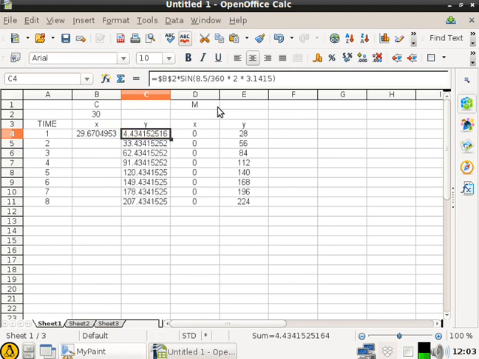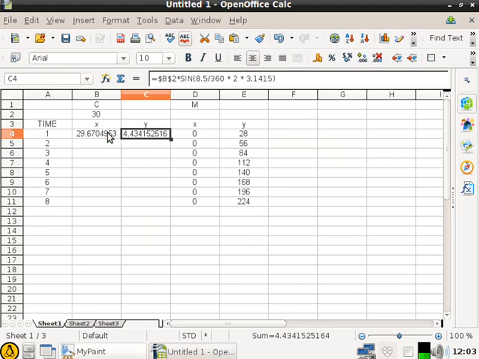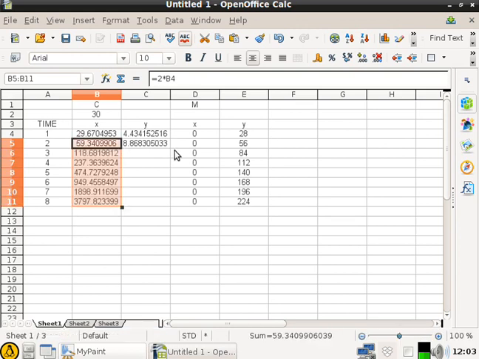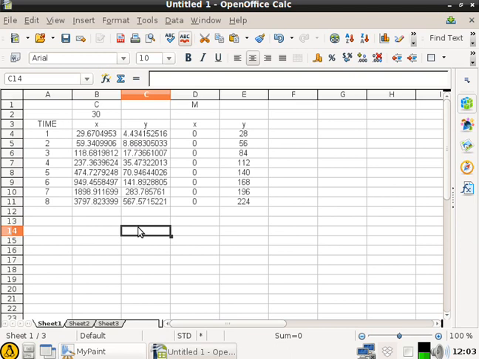Can you type in 30 sine 8.5 and see if you get this? 4.4. Yeah. Okay. Right, there we go.